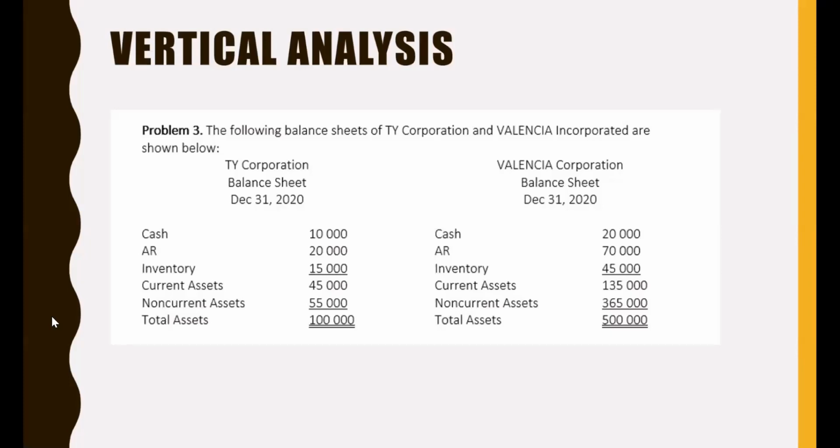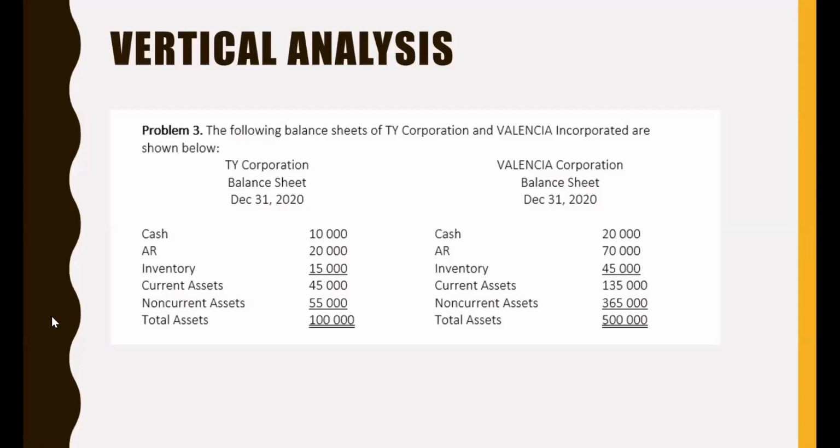So look at the cash. For cash, you can see 10,000 for Thai Corporation, while for Valencia there is 20,000. You cannot say that the composition of assets of Valencia in terms of cash is twice the composition of cash in total assets of Thai Corporation.